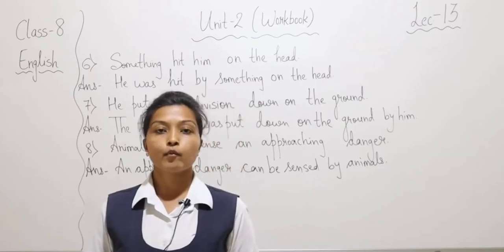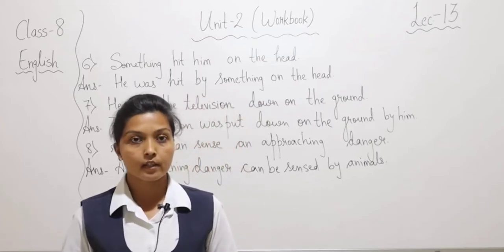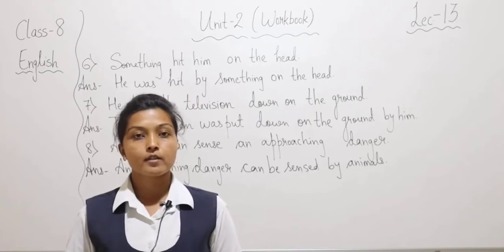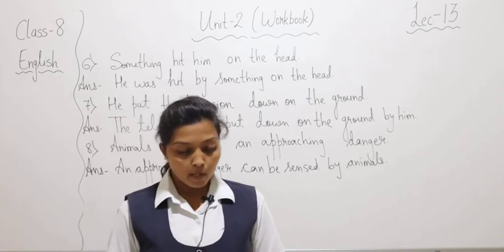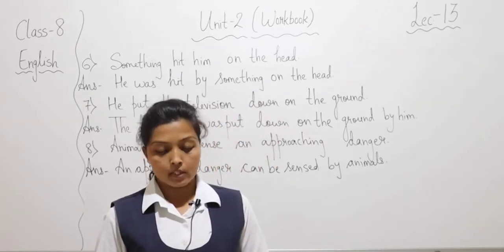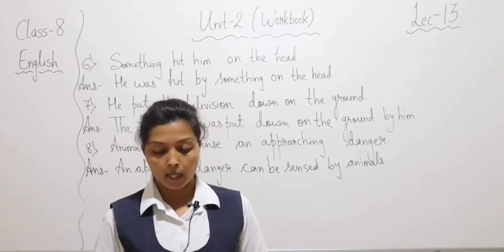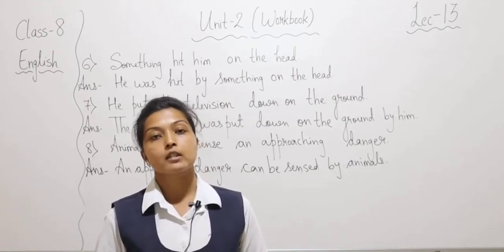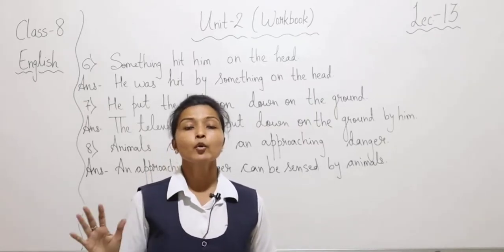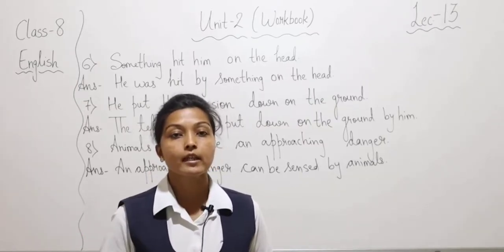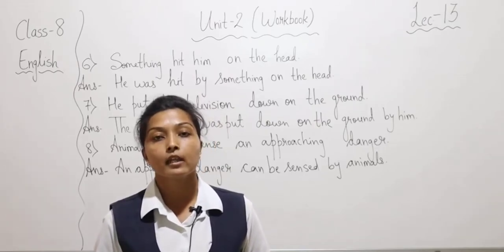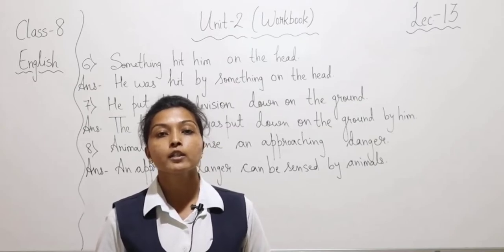We know very well the 5 sense organs in the human body, and you already learned about this in science also. But sometimes we come to know something without using any of these senses. We call it the sixth sense.